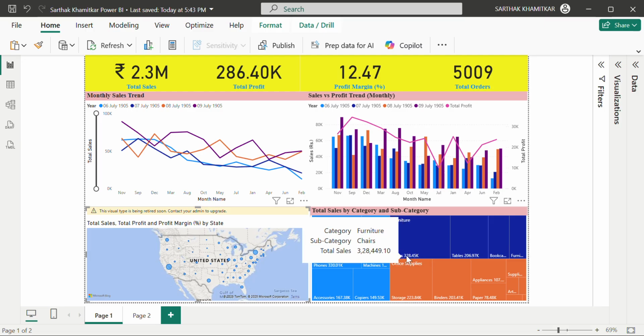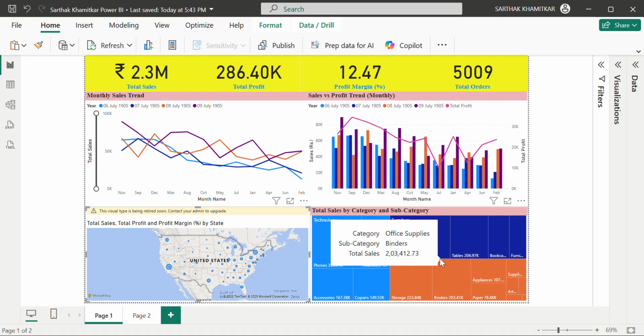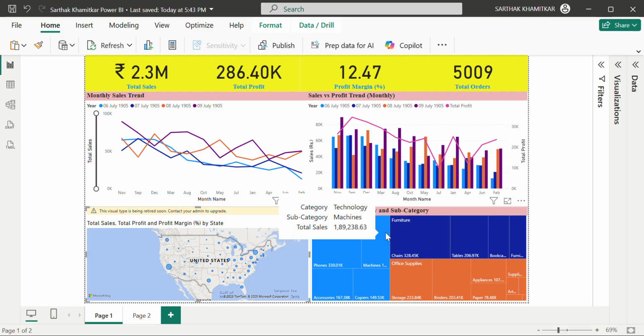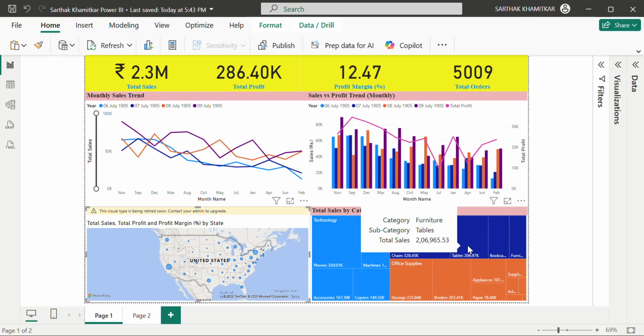We can instantly see that technology and furniture dominate the sales shares, while office supplies contribute moderately. Within each category, subcategories like phones, chairs, and tables stand out as the top selling items.